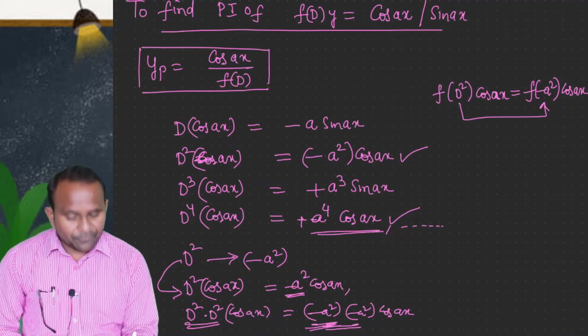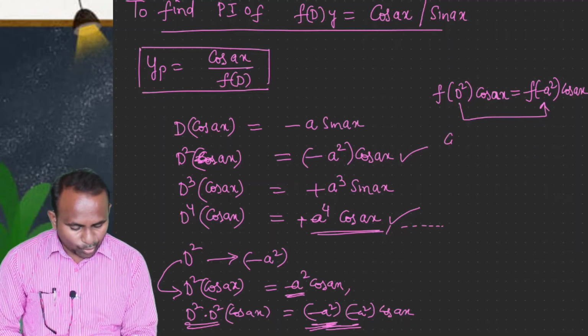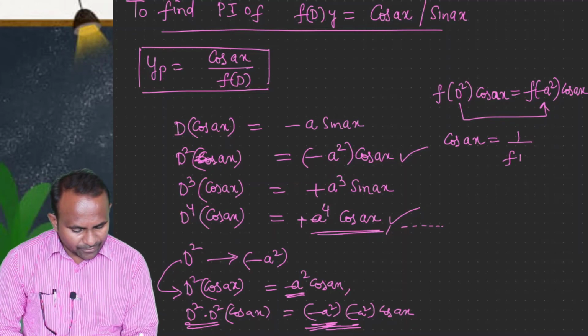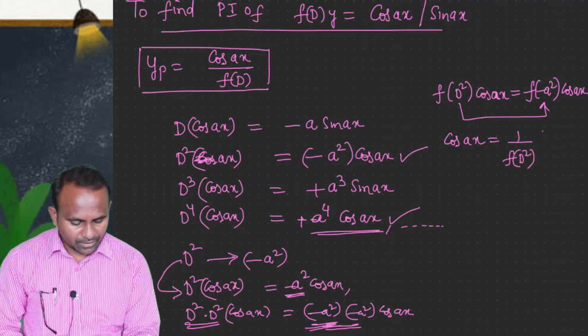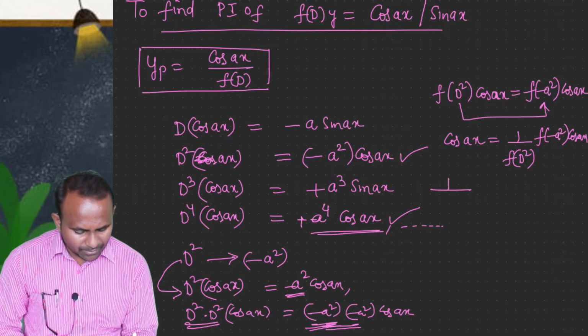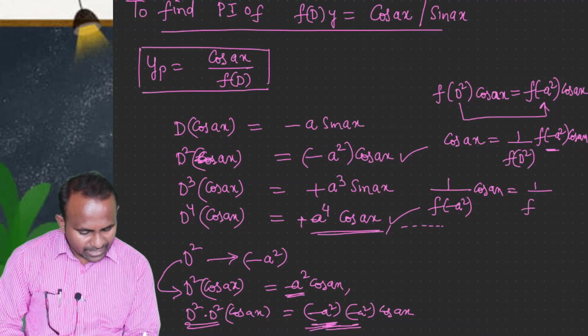From this, if you operate with 1 by f of D square on cos ax, it gives 1 by f of minus a square cos ax, because it is a constant term, you can write it on the left, equal to 1 by f of D square cos ax.